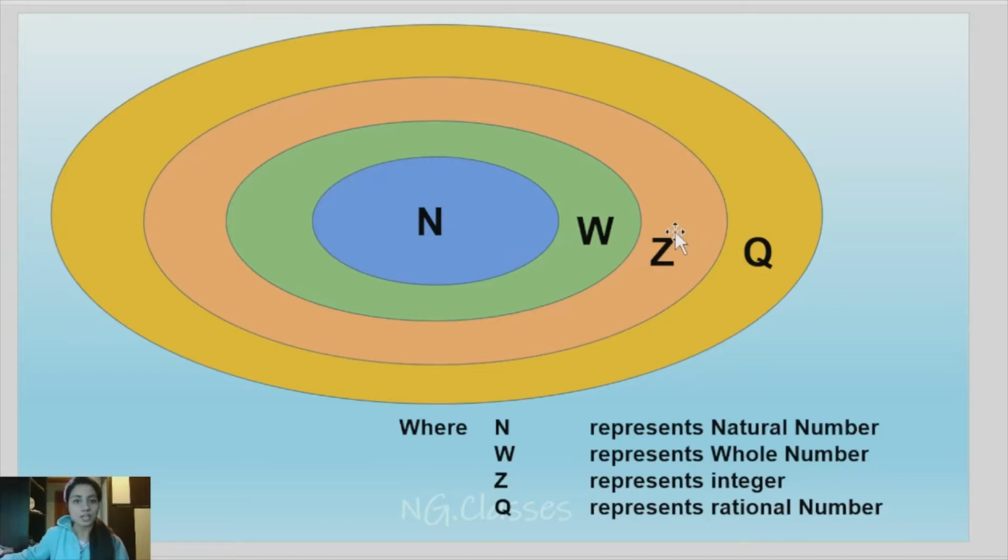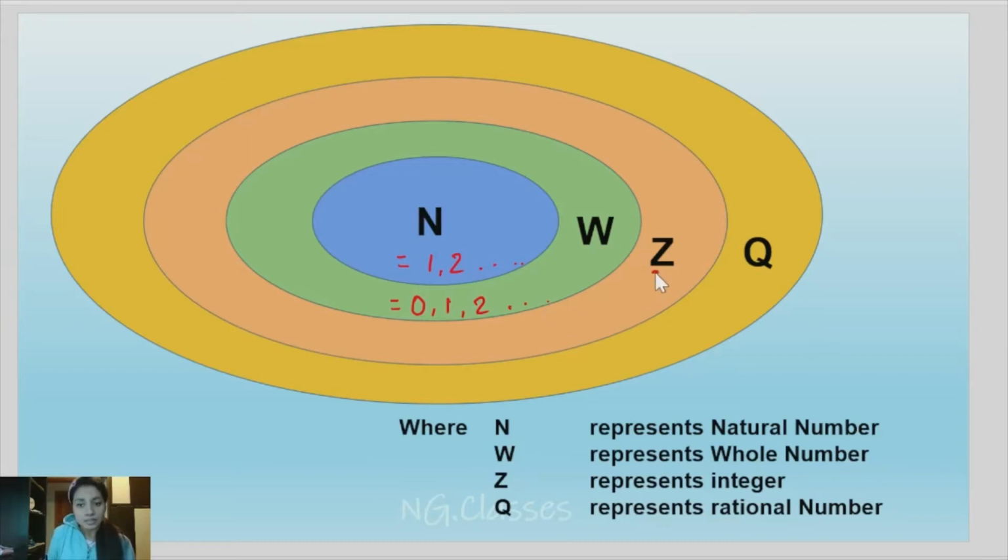So what is a natural number? All the counting numbers starting from 1 are natural numbers. What about whole numbers? All the counting numbers starting from 0 are whole numbers, and we can see clearly that whole numbers will include natural numbers as well, which is true, right?